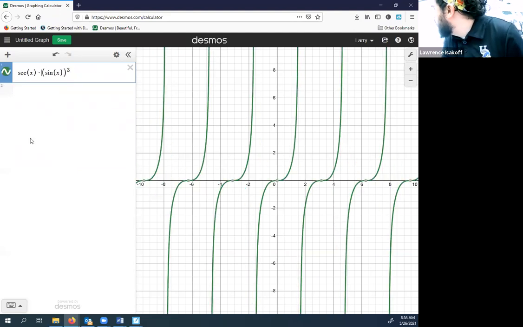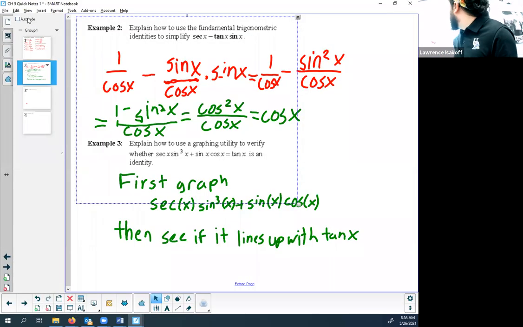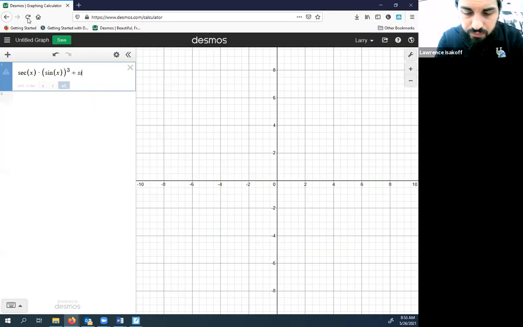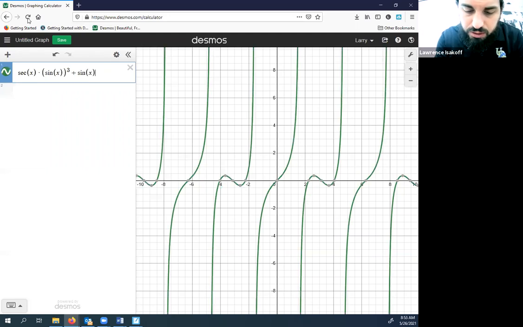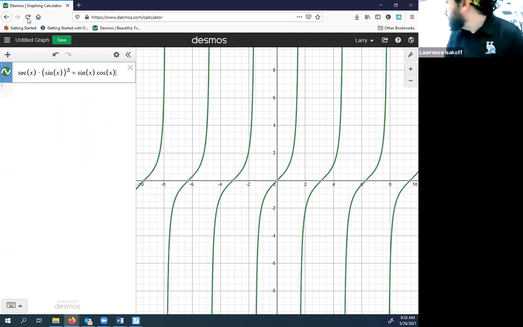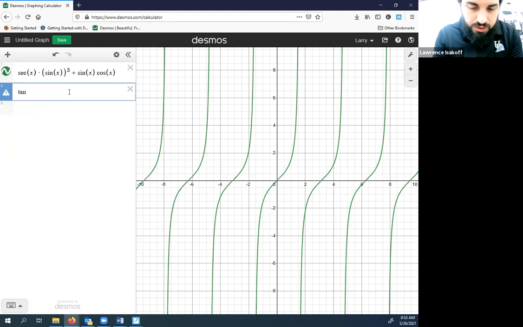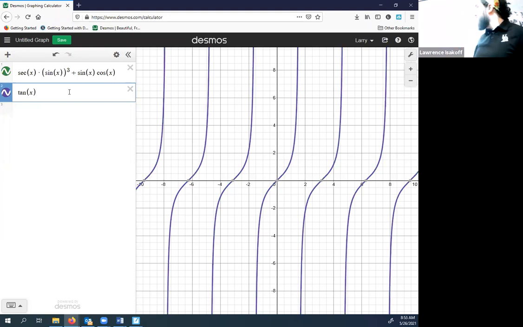Before, I saw Desmos give me an error when I tried to do a sine cubed like that. Then that was the plus sine times cosine. Well, gee, that sure does look like a tangent graph. Let's actually compare it to the tangent of x. And there we go. So yes, those do match up.